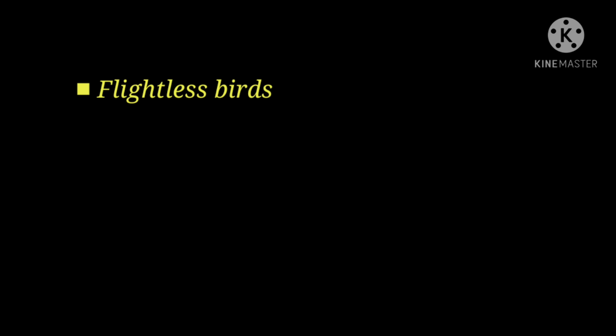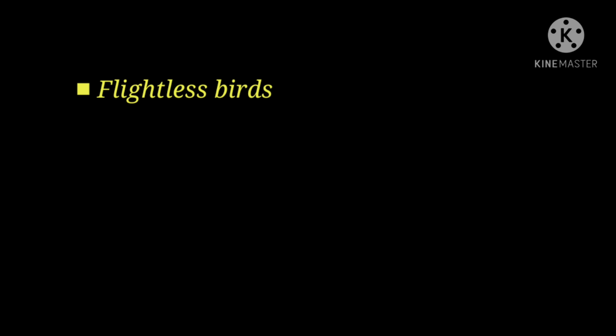There are more than 9,000 birds that cannot fly, like ostrich, emu, kiwi, penguin, etc. For these birds, the flight muscles present in the wings are not so developed. And the second thing is their body weight is so high that their wings cannot lift this weight within the air, so they cannot fly.